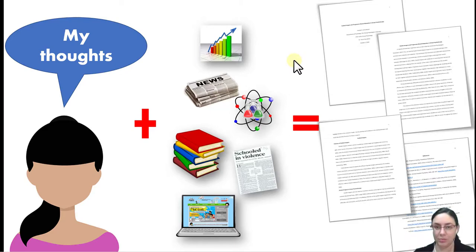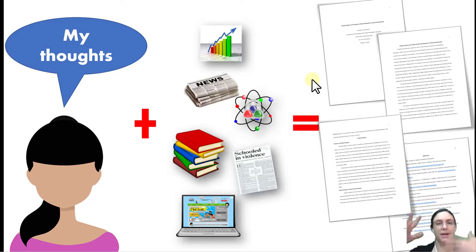So as an example, back to my violent video games, after I have my own thoughts on violent video games and I learn more about violent video games and I pull out information from different sources, then I organize my thoughts. Okay, violent video games create aggression in children? Or how does it affect the behavior of children in the schools?